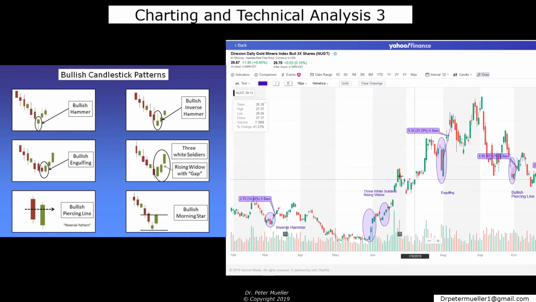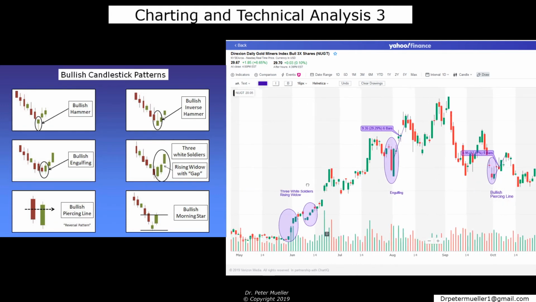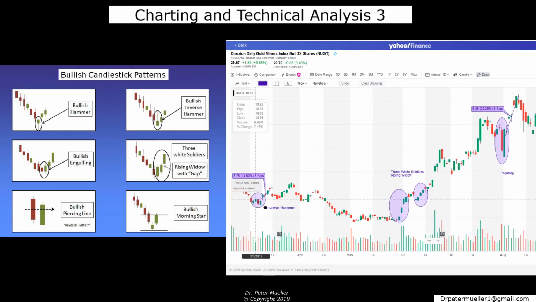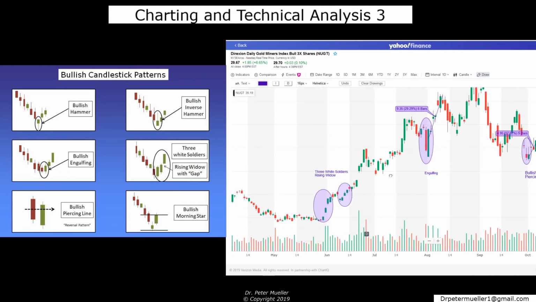And here when you look at it, how does it look in a full scenario? Here you can see, for example, I have an inverse hammer down here on the left hand side. I just zoom into it and show it to you a little bit more. You have this little green candlestick followed by a red one, and you see the next it was setting up an upward trend.